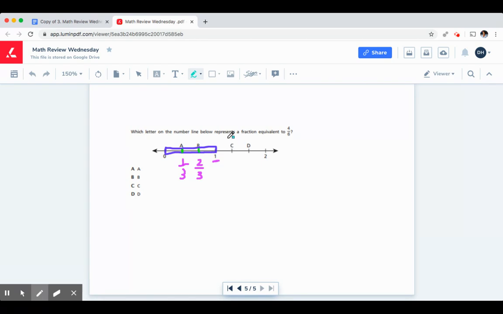Next, let's use the same strategy for labeling the hatch marks between 1 and 2. If I were to draw a bar between 1 and 2 that represents 1 whole, based on the hatch marks that are already on our number line, how many parts should I break this whole into?